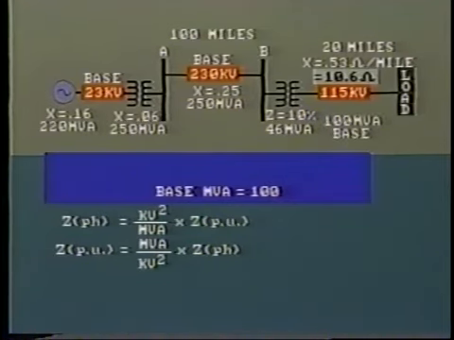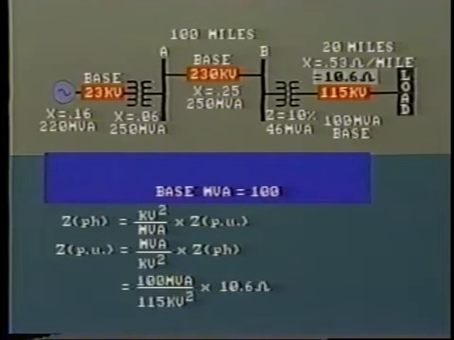Using a power base of 100 MVA, the per unit impedance for the 115 kV line equals 100 MVA divided by 115 kV squared times 10.6 ohms equals 0.08 per unit, or 8%. It is extremely important whenever quoting per unit impedance values, you must always include the associated value for base MVA.